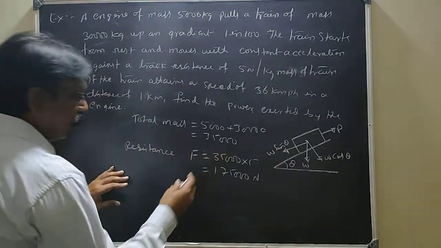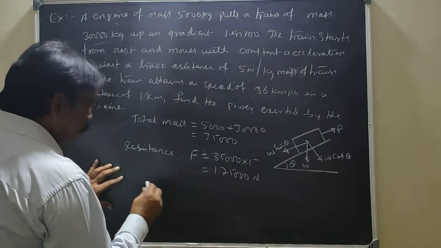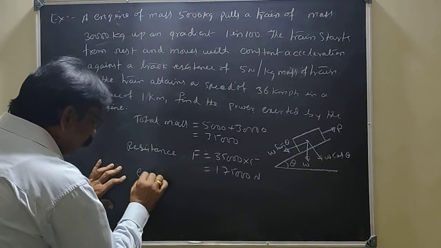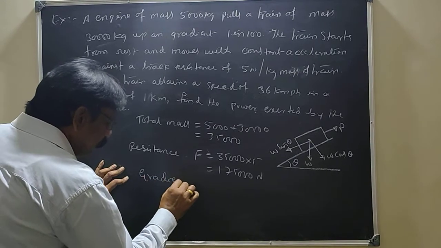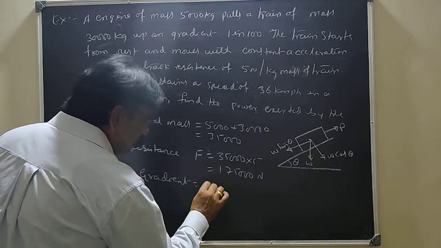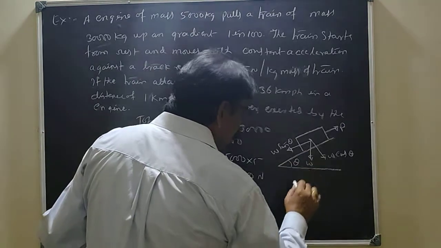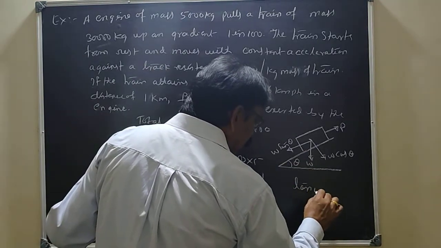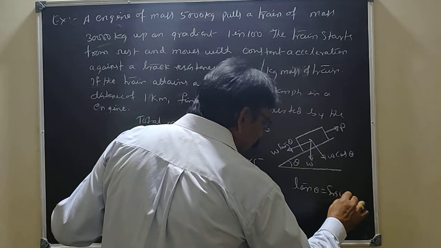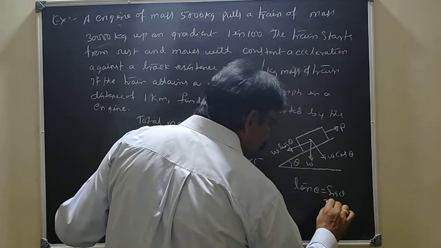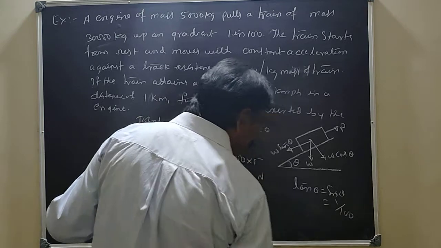So now in addition to this resistance, it has to overcome the weight component of the body. So the resistance due to gradient will be equal to W sin theta. Here the slope, that means tan theta is equal to sin theta, because the angle is very small, therefore that will be equal to 1 by 100.